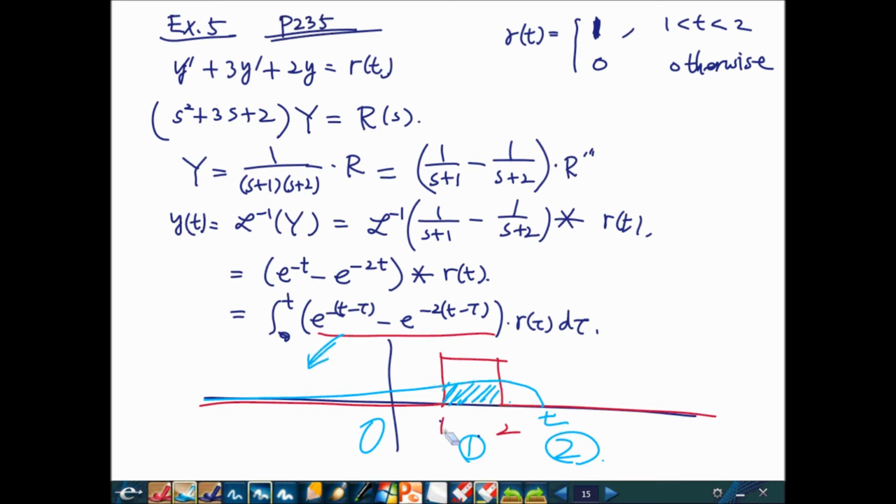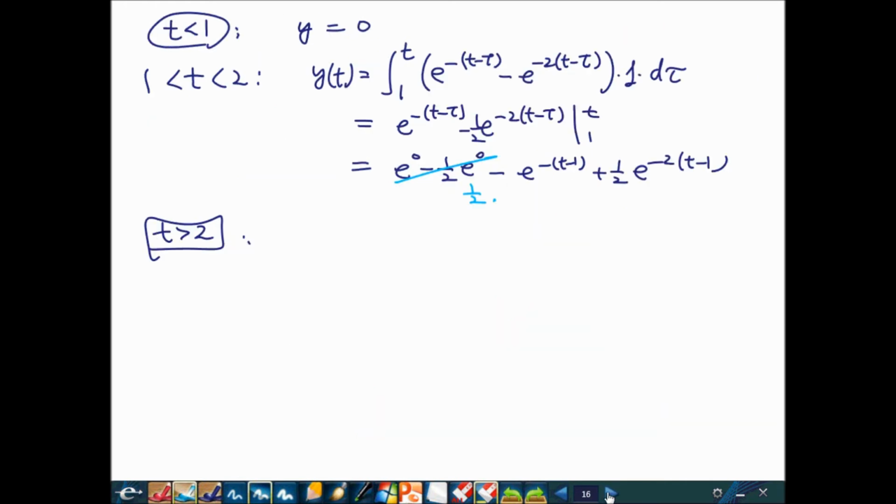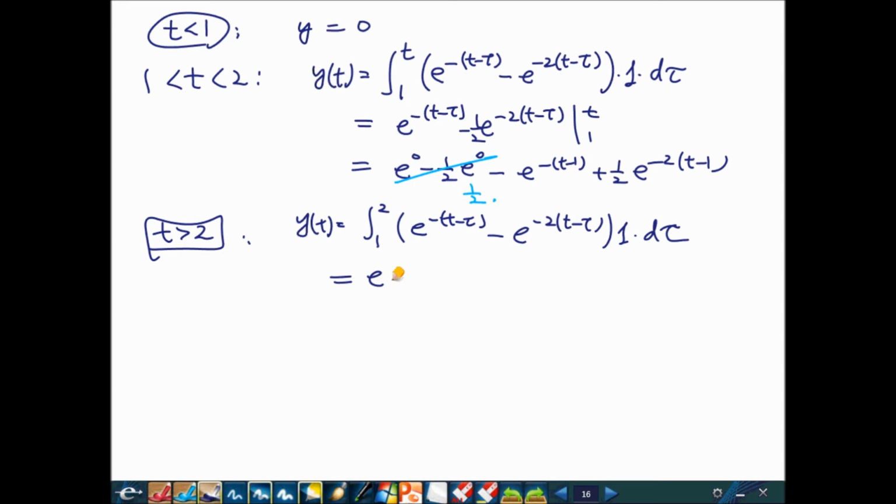It's a constant region of integration. So y of t is the integral from 1 to 2 of e to the minus (t minus tau) minus e to the minus 2(t minus tau), times 1 d tau. If you calculate it, that's this one.